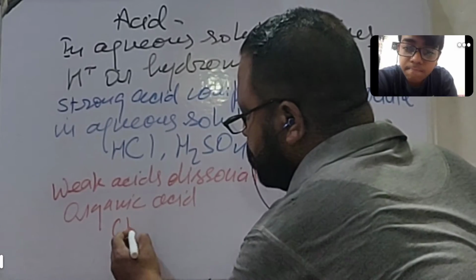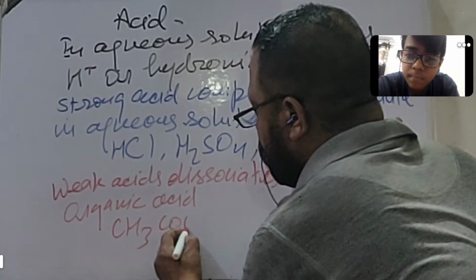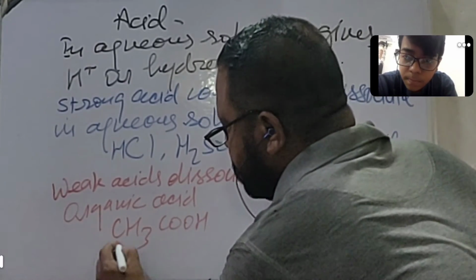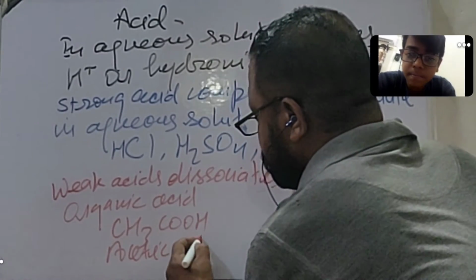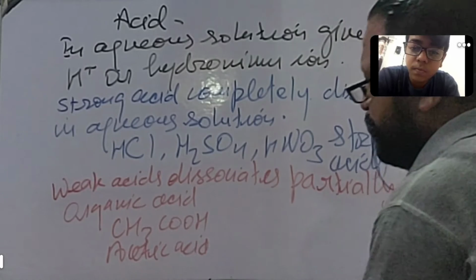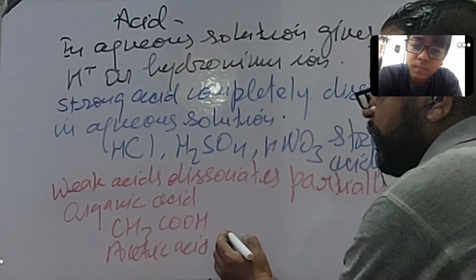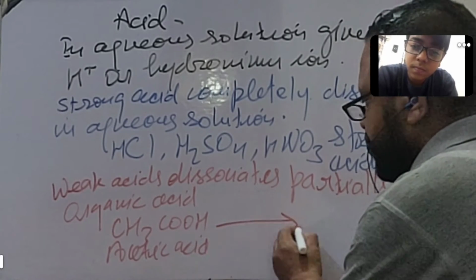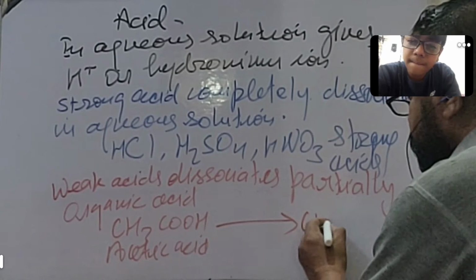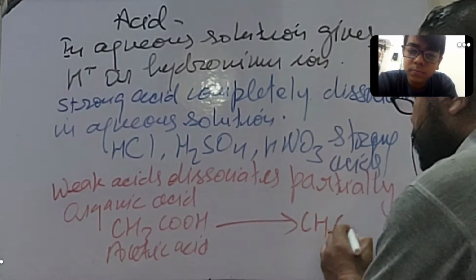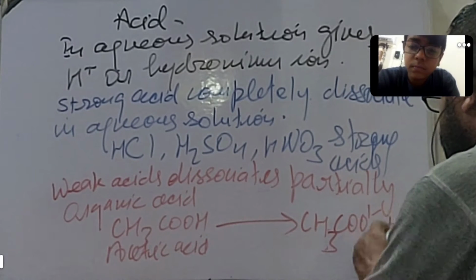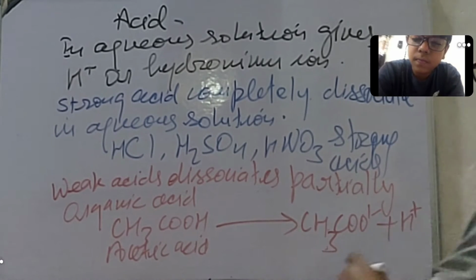We can talk about CH3COOH. It is acetic acid, used as a food preservative, and when it dissociates, it gives us CH3COO minus plus H plus, right?